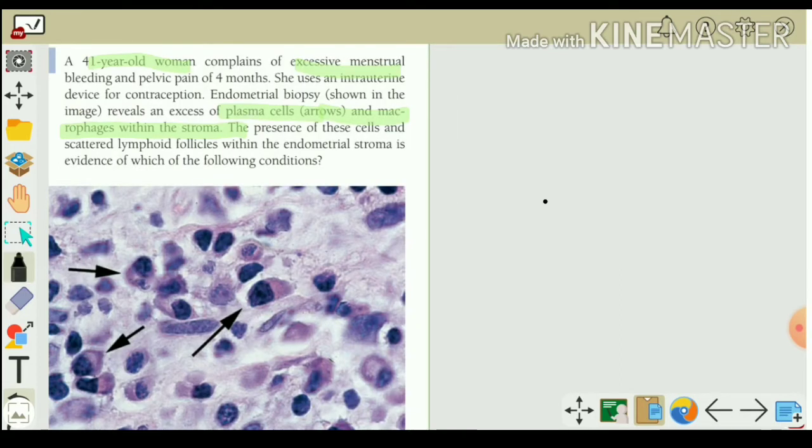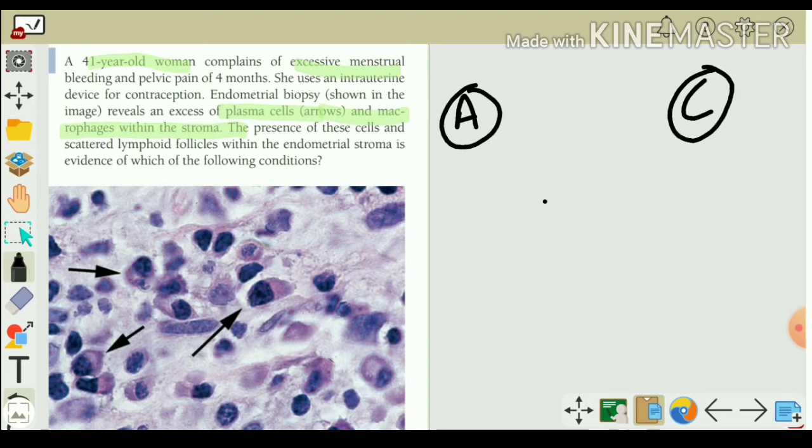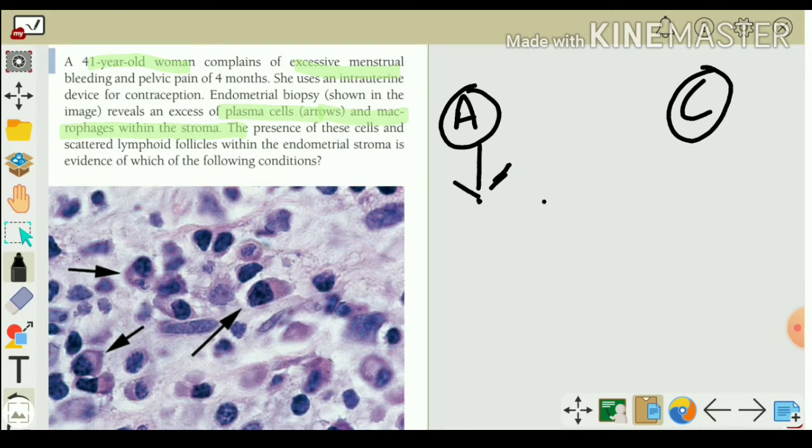Number one is acute inflammation, and number two is chronic inflammation.